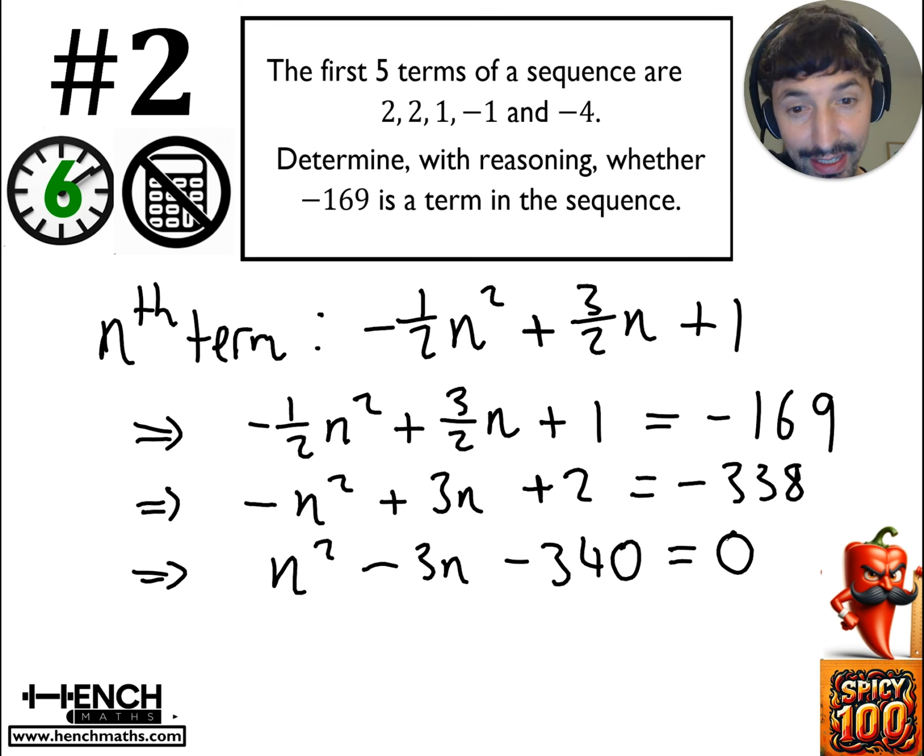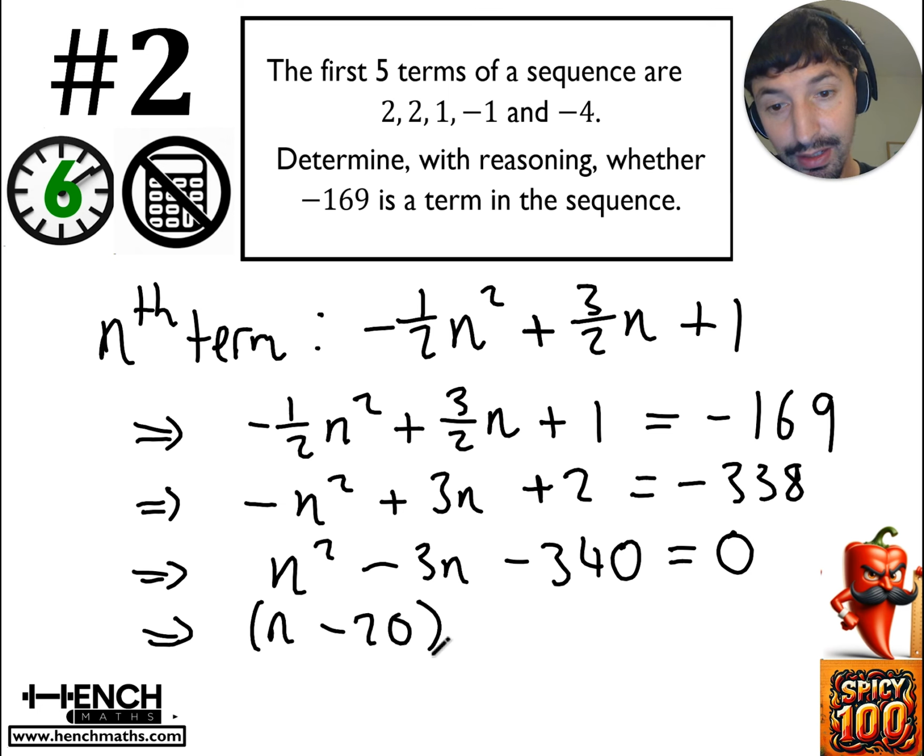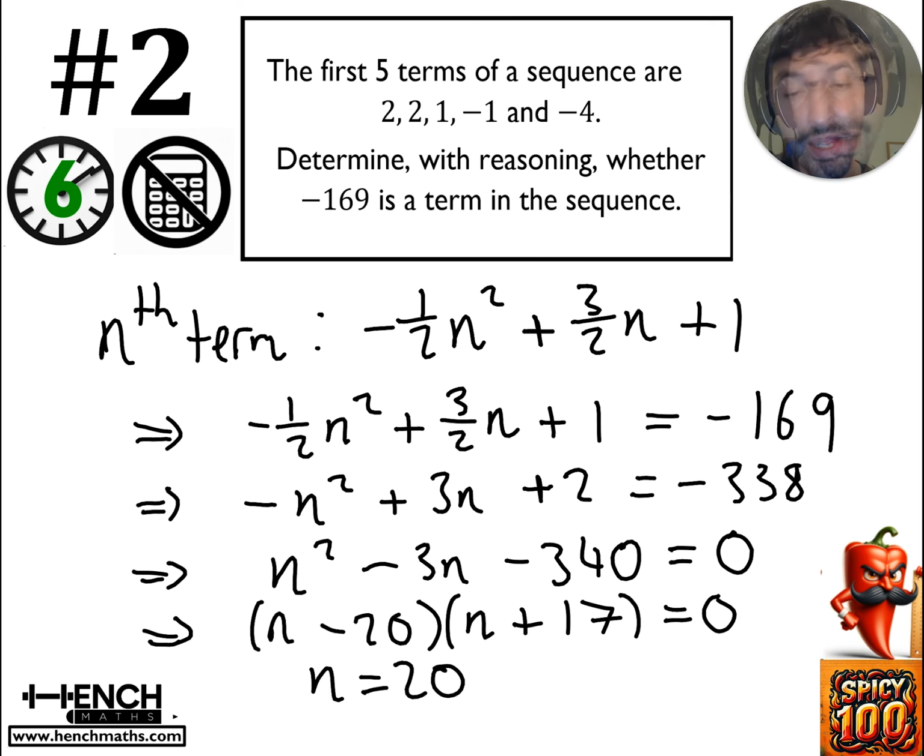Now 340 is quite nice to break down, so you can have 10 and 34. We can see that 20 and 17 multiply to make 340. So we can factorize this. We get n minus 20 and n plus 17 equals 0. From this, we can establish that n equals 20 would be a solution. Our value of n is an integer.